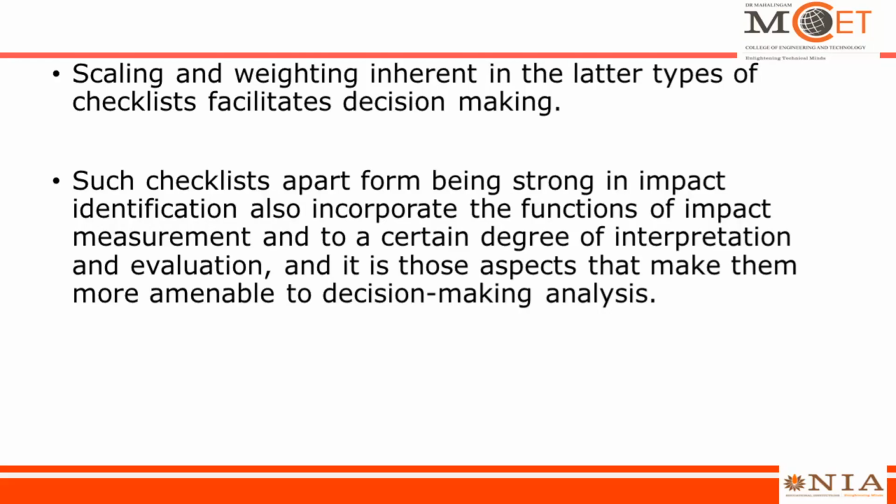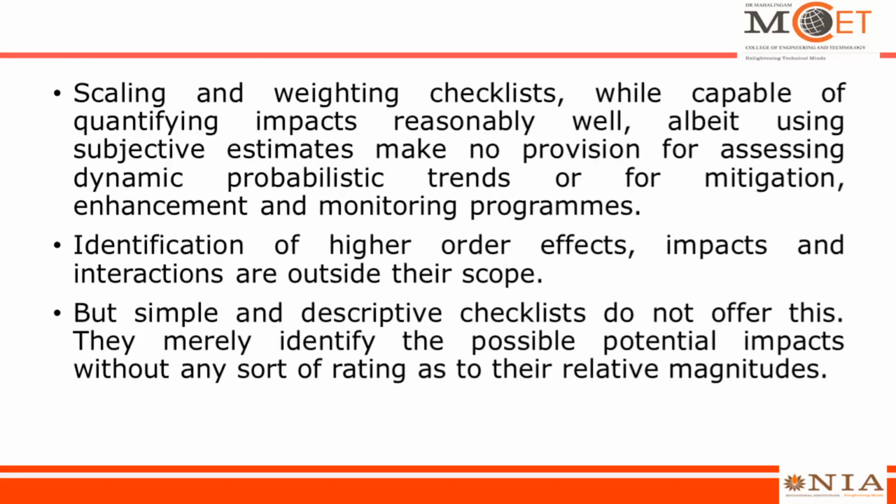The third one and the fourth one are a little more superior compared to the descriptive checklist. Why? Because they help in decision making. The reason is that they include impact measurement, impact identification, interpretation, evaluation. All these things are included. So hence it helps in an easy decision making process.